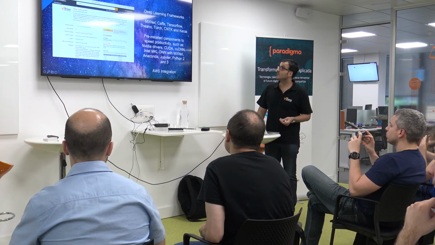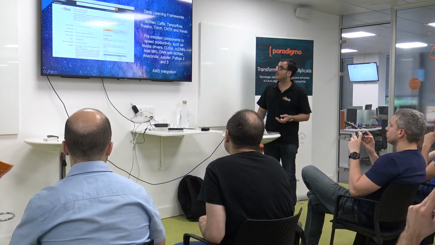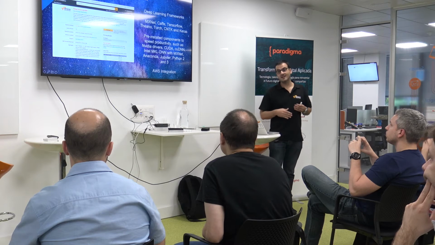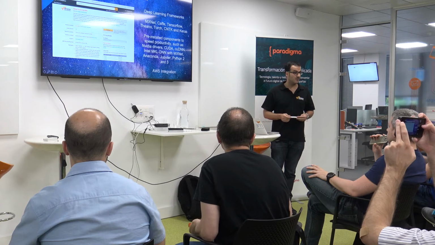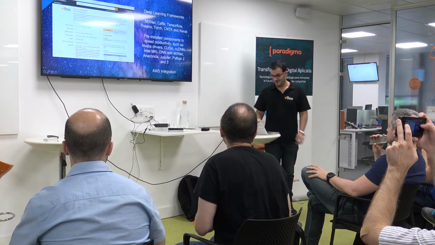So I'm going to show you a P2 instance that I launched with the Deep Learning AMI, and I will show you a little bit with a Jupyter notebook how you can start playing with MXNet in order to start doing your first models, do it yourself. So let me go to the console.